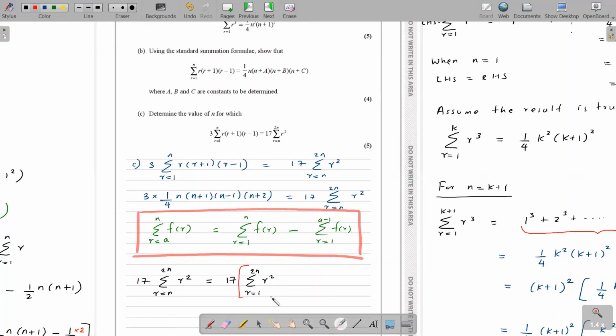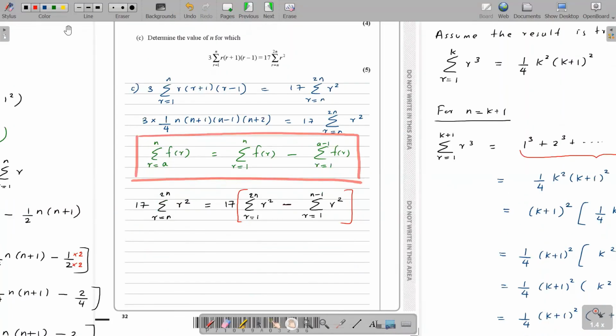From n to 2n means we take the summation from 1 to 2n, following the rule, minus the summation of r square from 1 to, what is it? When you have a, we use a minus 1. Here I'm starting with n, thereby this should be n minus 1. Are you with me?